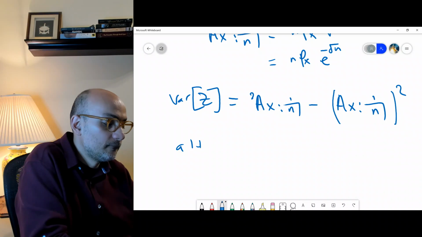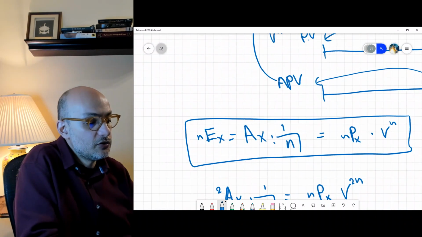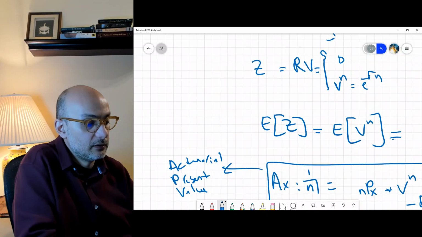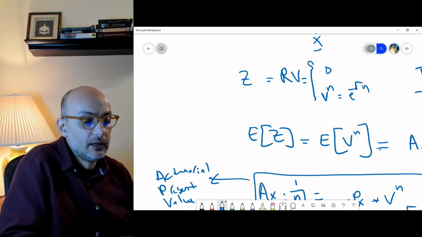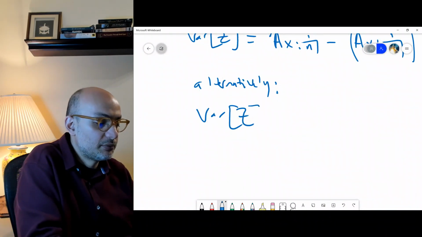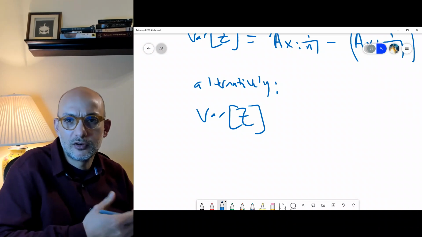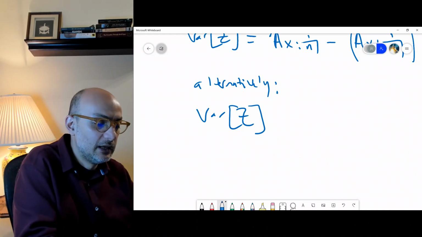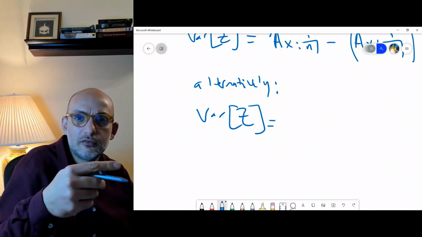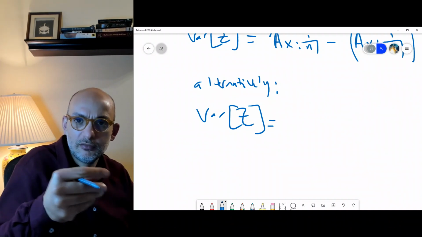Alternatively, the variance of Z. Remember, Z is 0 or a value. We define it here as 0 or a value. In probability theory, this is similar to the Bernoulli distribution. In the Bernoulli distribution, instead of $1 if an event happens, this is an amount if an event happens.